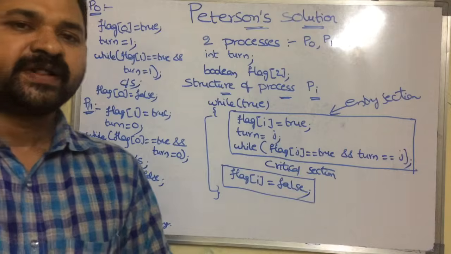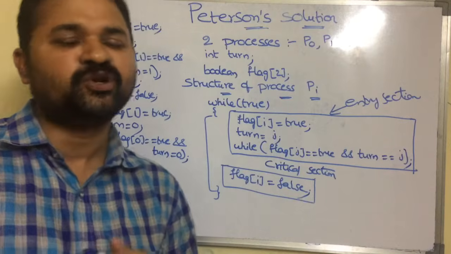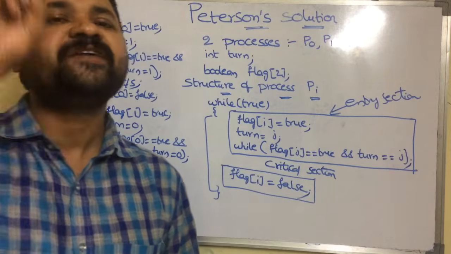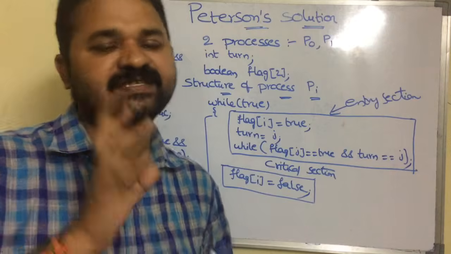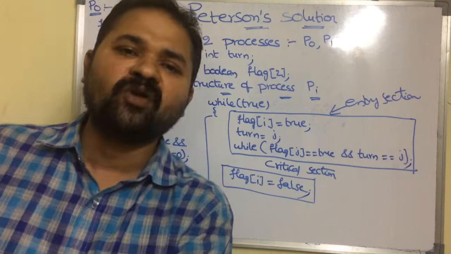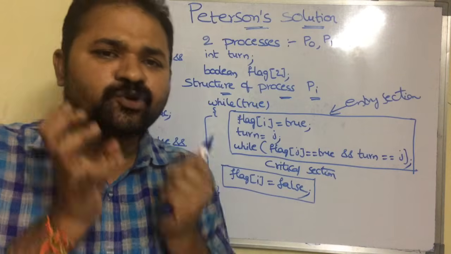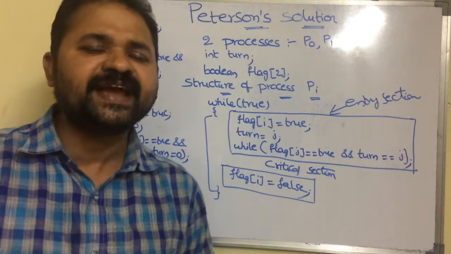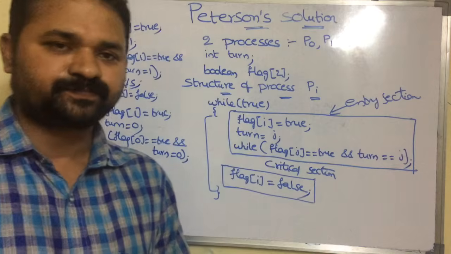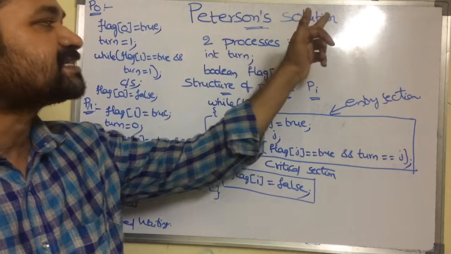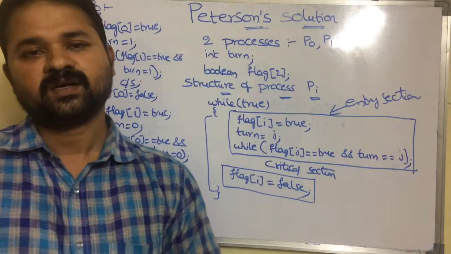Here we can use the Peterson solution only when there are two processes which involve critical section. That means when two processes share the common code, then only we use Peterson solution.